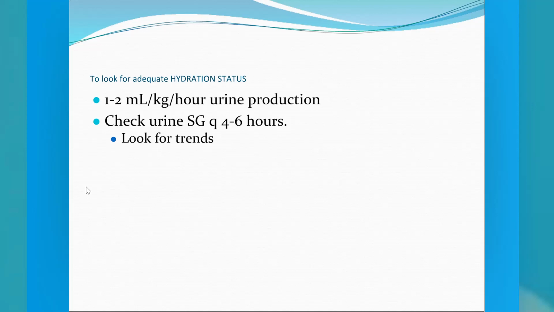So if their specific gravity is just changing like crazy, then we need to do something about it, right? If they're starting to gain a ton of weight, that's not okay either. Now, if they were really, really dehydrated when they came in and now they're starting to get hydrated by gaining some weight, that makes a little sense.